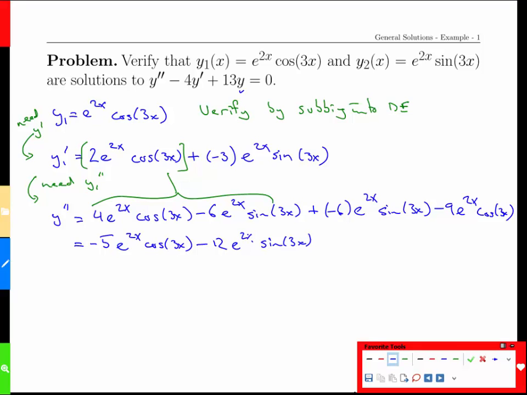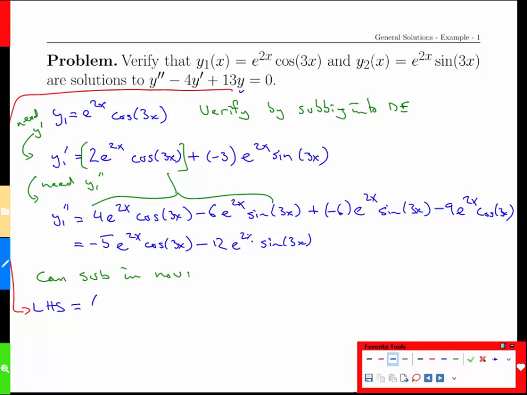All right, so now we're actually in a position where we can sub in. And I should emphasize this is y1 prime. And now we're going to sub into our differential equation. The equation here is what we're going to put in. The left-hand side from that is equal to y double prime.